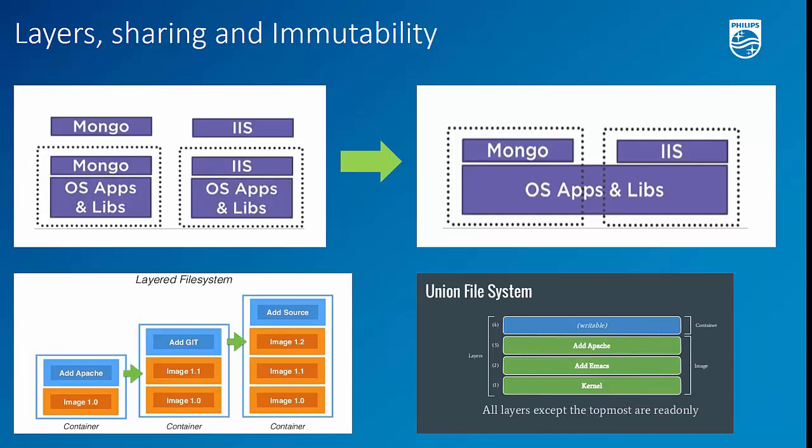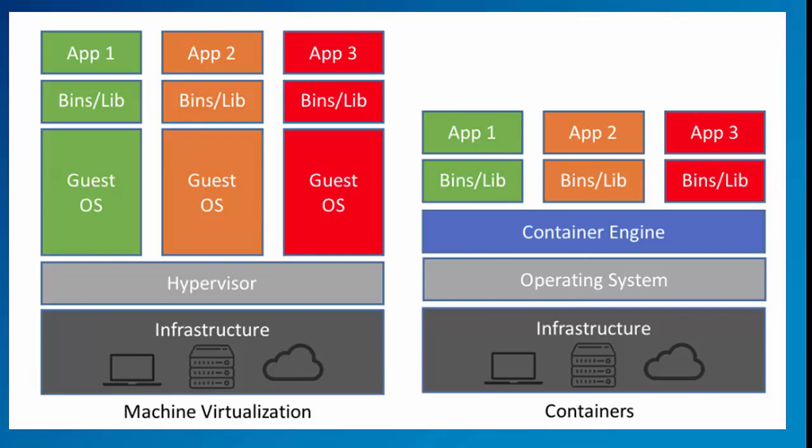Whereas if you look underneath, only the top layer is like a diff file, which gives you the difference between what's visible to the application and what lies underneath. So you get a sum of all the content which forms the basis for this file system.